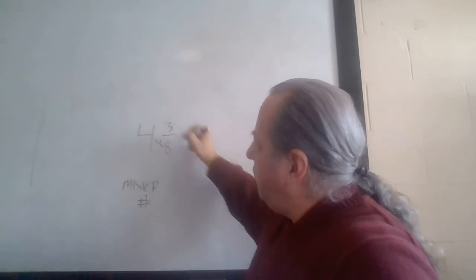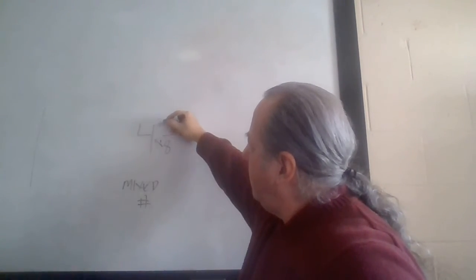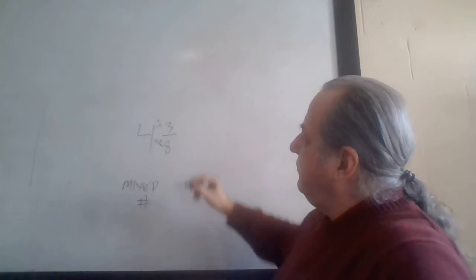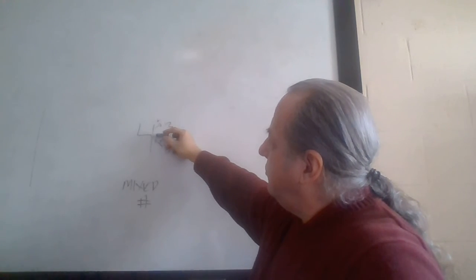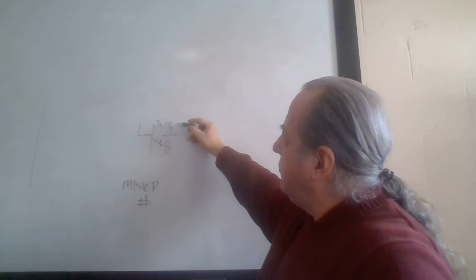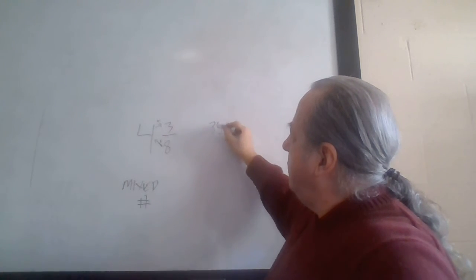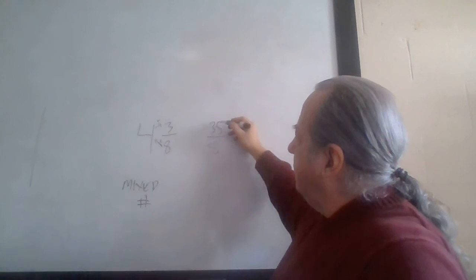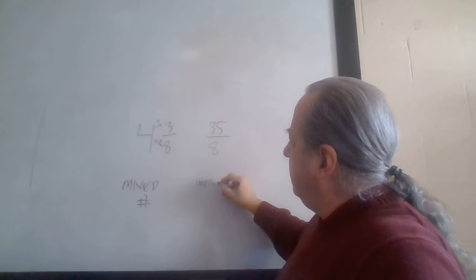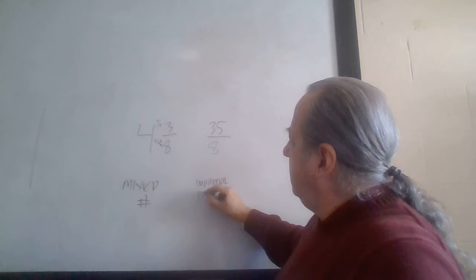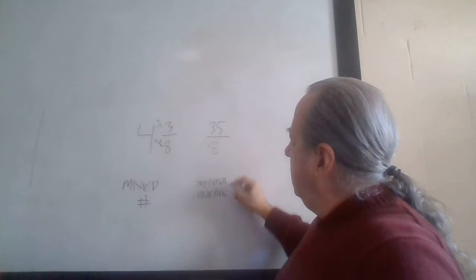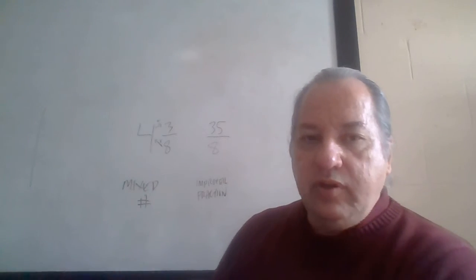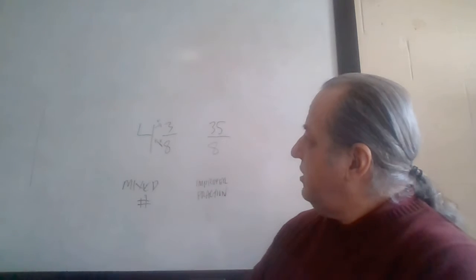So 8 times 4 is 32. And then we add the numerator. 32 plus 3 is 35. And that becomes the numerator. And I keep the original denominator. So this is an improper fraction because the numerator is larger than the denominator.